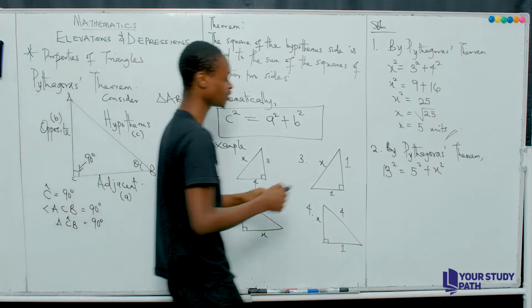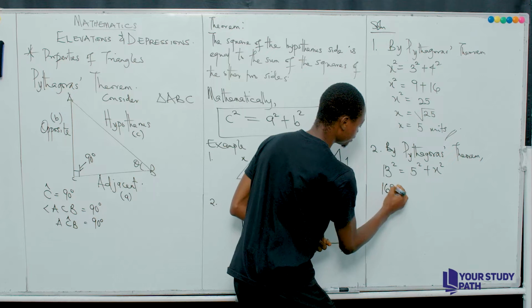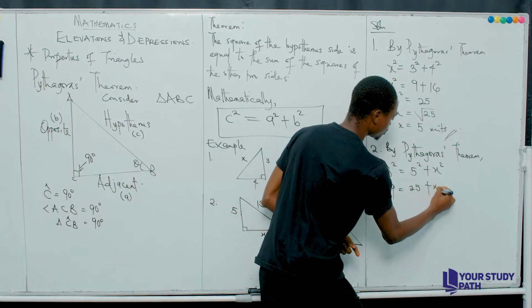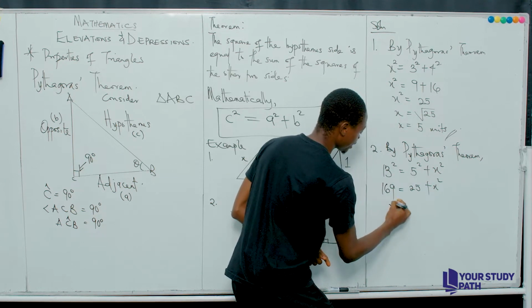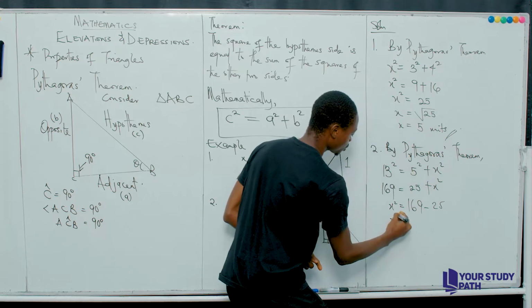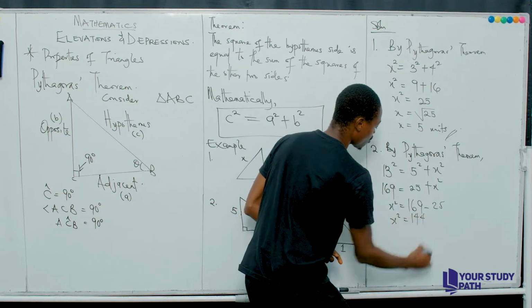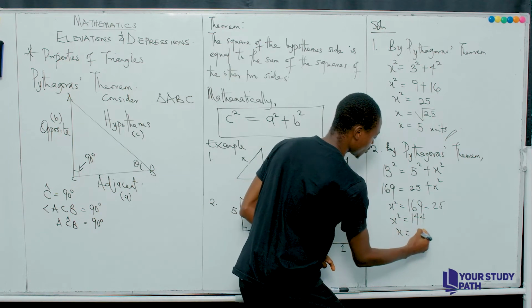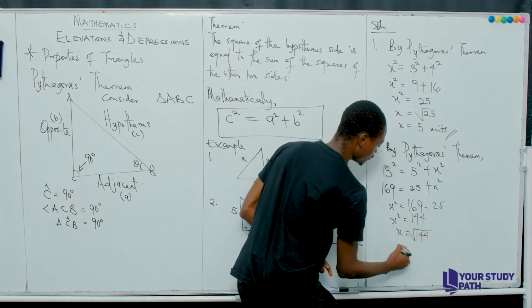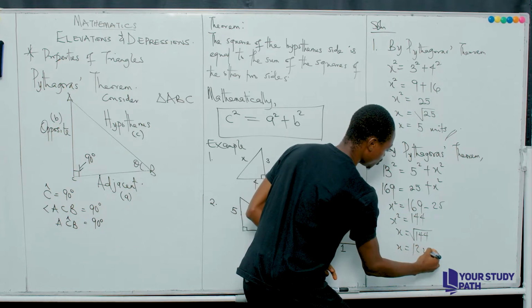We have done subject of the formula before. This will now be 169, which is 13 squared, equal to 25 plus x squared. So that x squared will be simply 169 minus 25. X squared will be 144, and then x will be the square root of 144, which would give you 12 units.